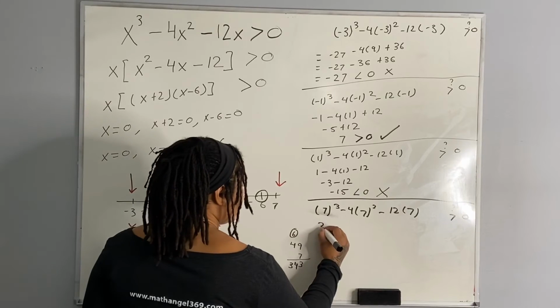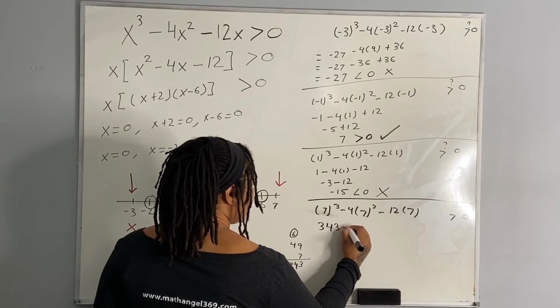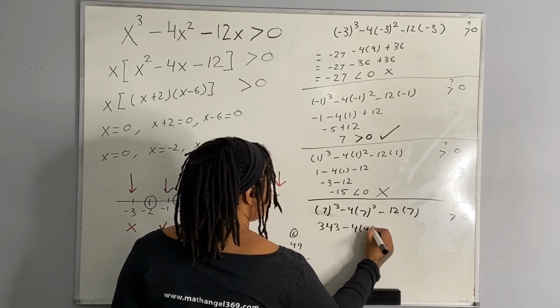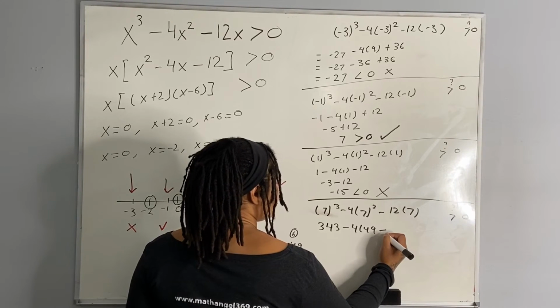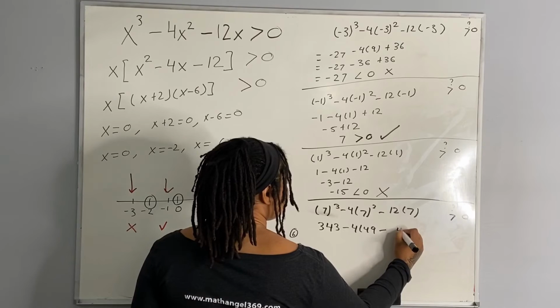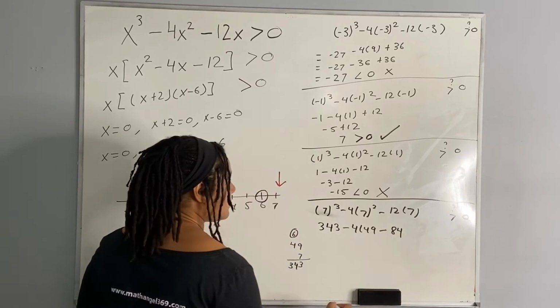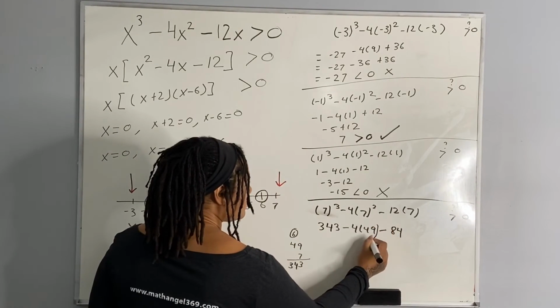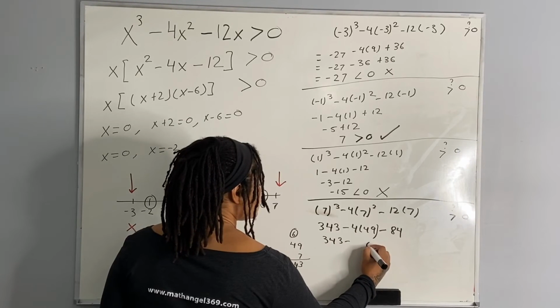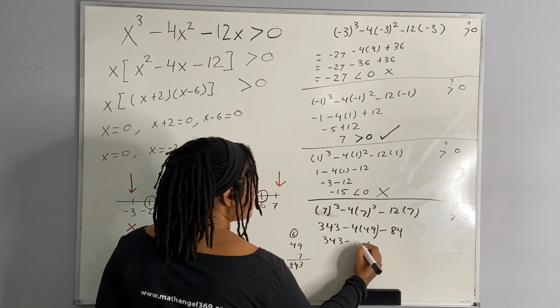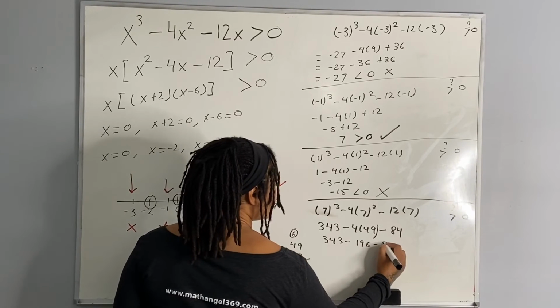So we get 343 minus 4 times 49 minus 12 times 7 is 84. So now we get 343 minus 196 minus 84.